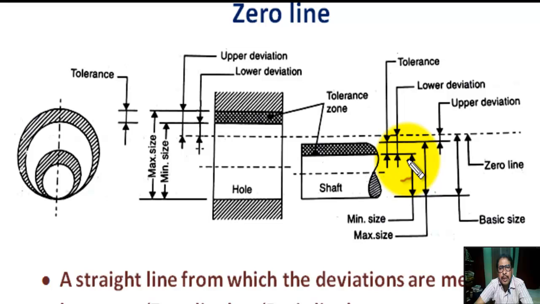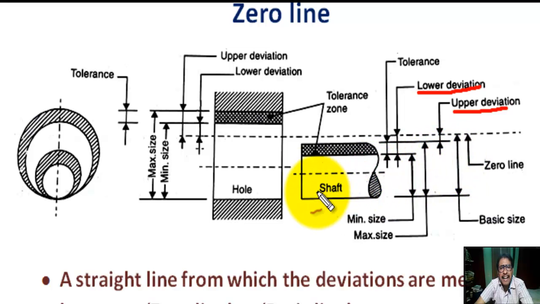Upper deviation, this is the minimum size and zero line. This is lower deviation. This is the maximum size. This is the zero line. This is upper deviation.